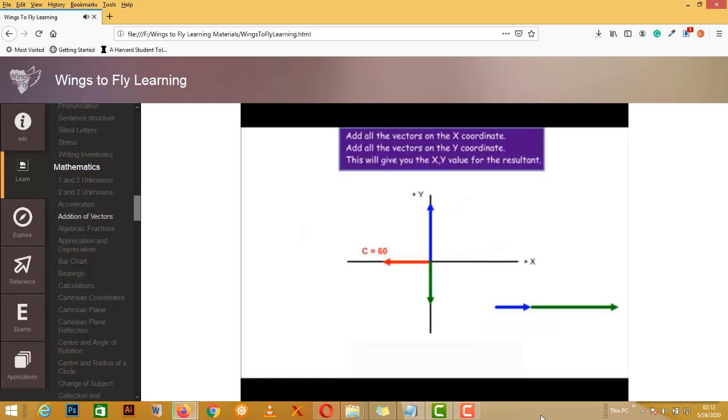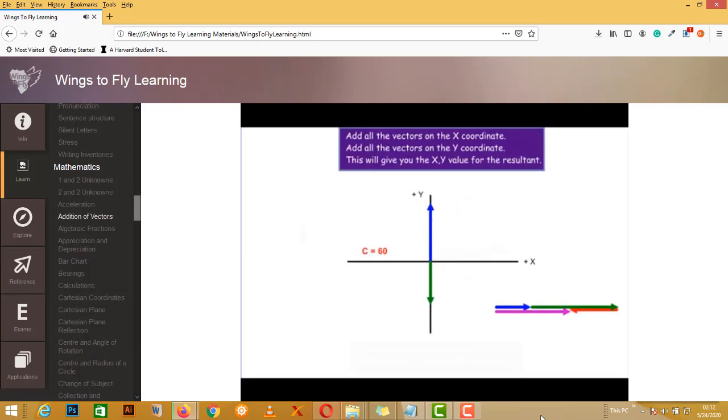And then vector C lies entirely on the x-axis, and that's in a negative direction, so we have to subtract that. And so the sum of these three vectors is going to be just this distance and direction here, indicated by the purple arrow.